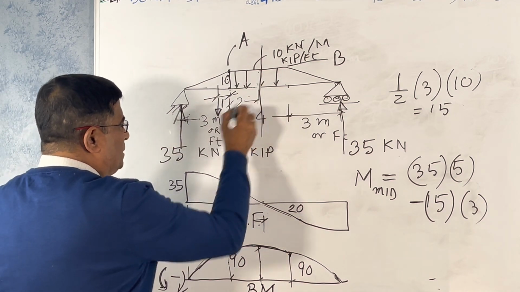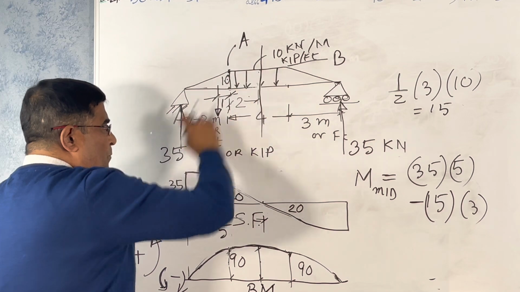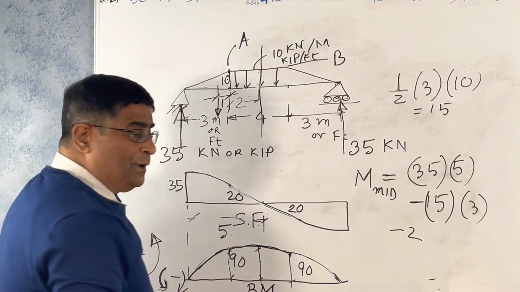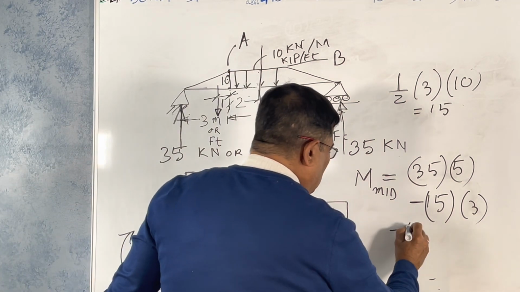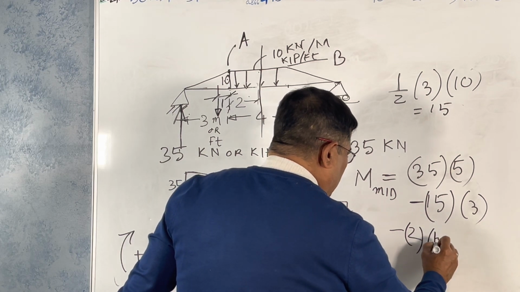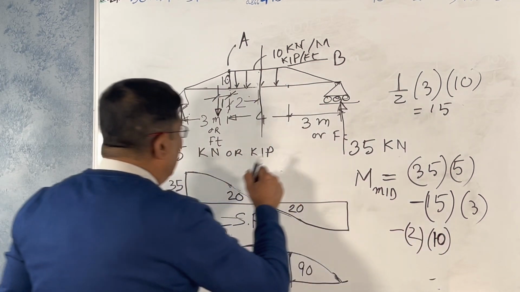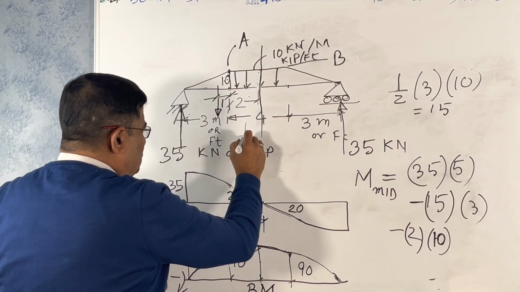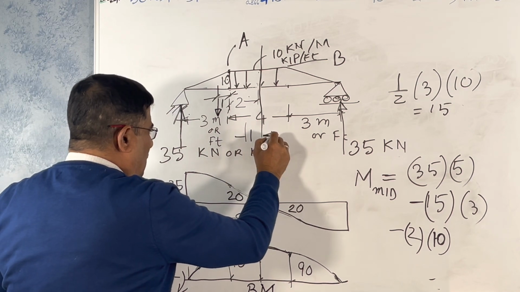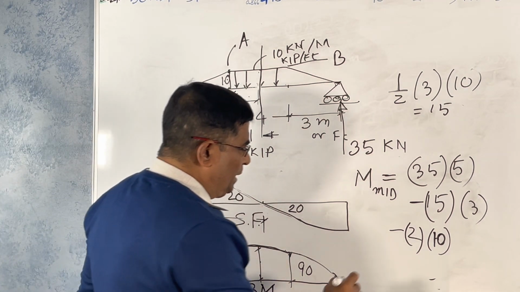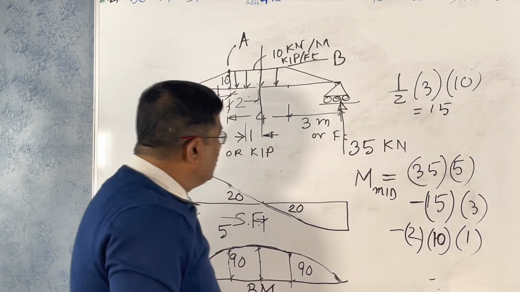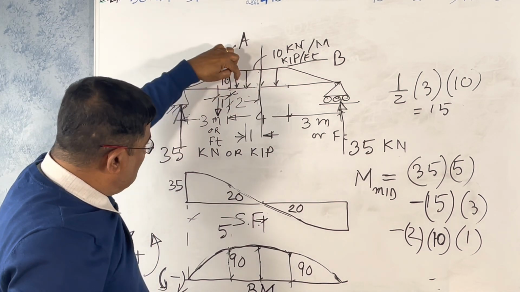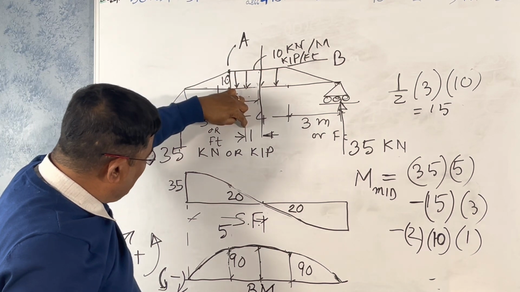This trapezoidal part, this constant part is 2 meters times the intensity 10, and it acts at its CG, half of 2, which is 1 meter.